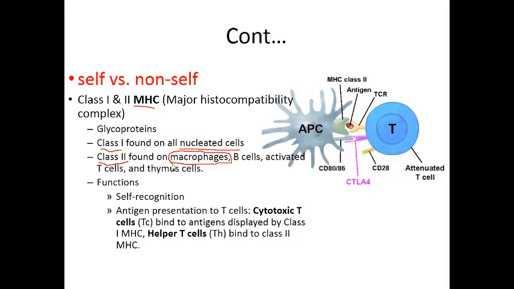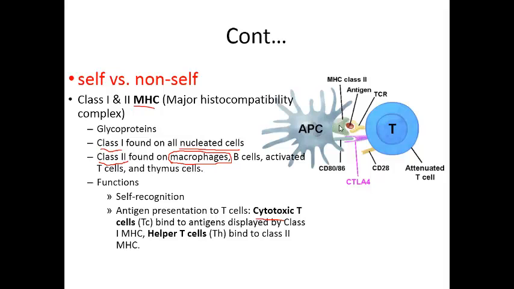If a normal body cell is infected by an antigen, it'll take a piece of that antigen and hold it out, and it will present that antigen to a cytotoxic T cell. So if you look at this picture here, this cell right here is the antigen presenting cell. Let's say it's a normal cell within the body. It gets infected by a bacteria.